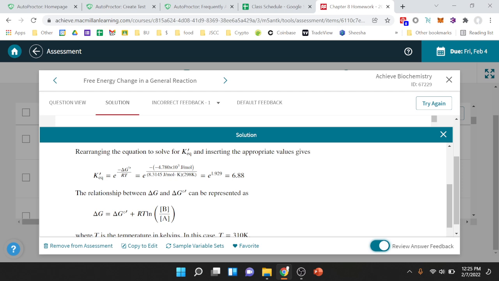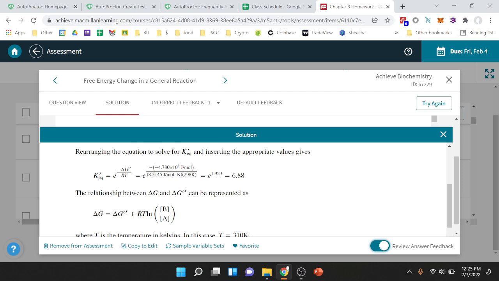Or else you won't cancel. Okay, and then that R is down here times the 298 Kelvin down here. Okay? You will get a negative number here. It typically is not a huge number.